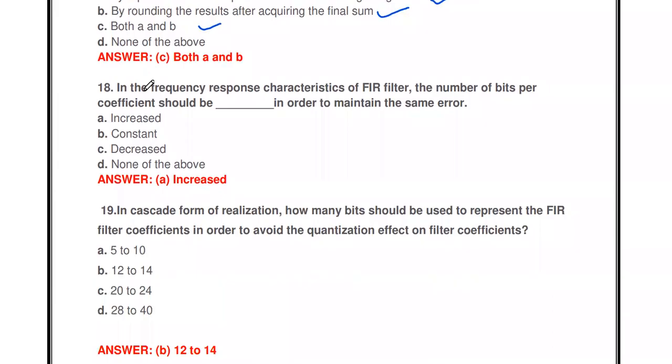The next thing, in the frequency response characteristics of FIR filter, the number of bits per coefficient should be dash in order to maintain the same error. The number of bits per coefficient should be increased in order to maintain the same error.